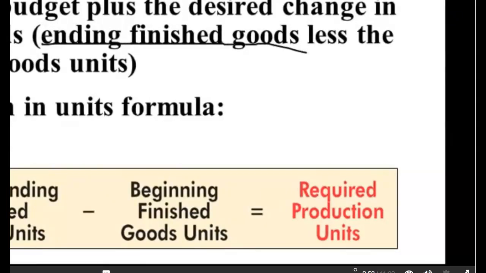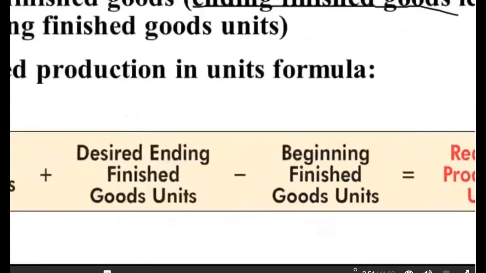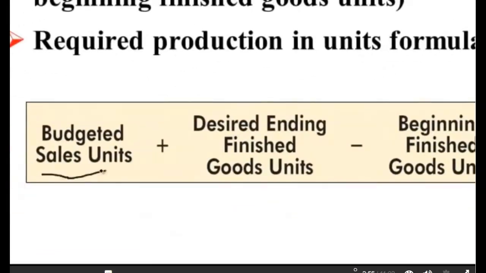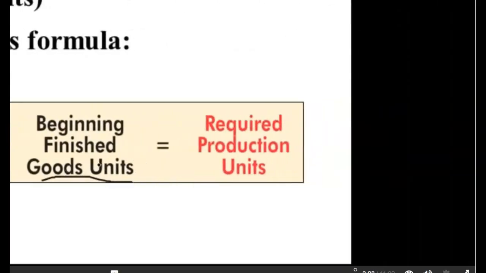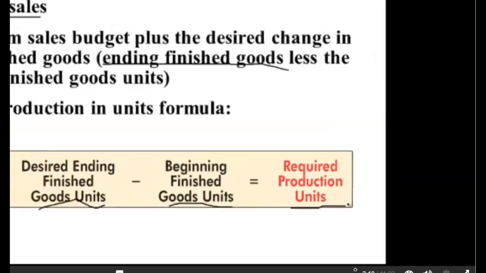So to determine how much he produces each quarter, he looks at how much will be sold during the quarter, plus how much he has to end up with at the end of this quarter in ending finished goods. But he starts off the quarter with beginning finished goods. So it's budgeted sales plus desired ending inventory minus beginning finished goods. And that gives him the determination of what he has to produce.